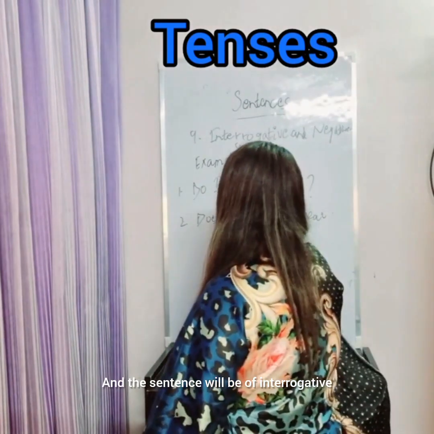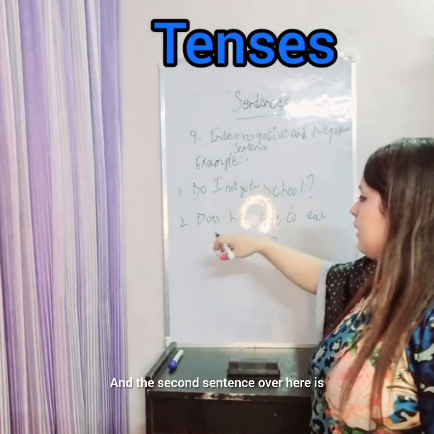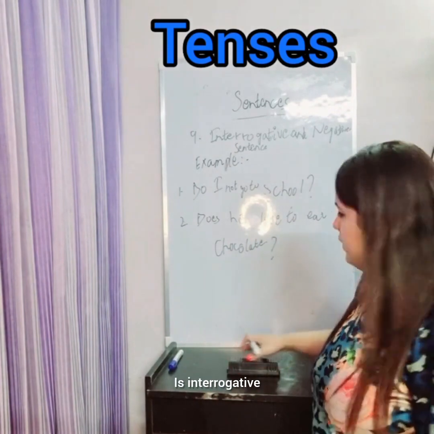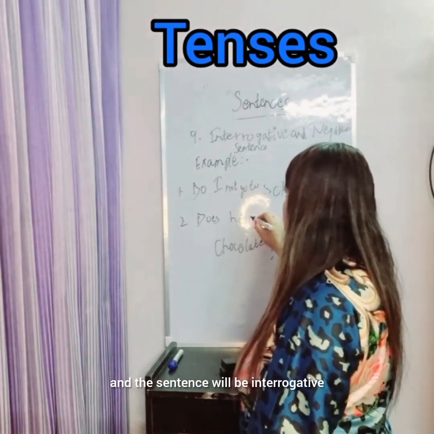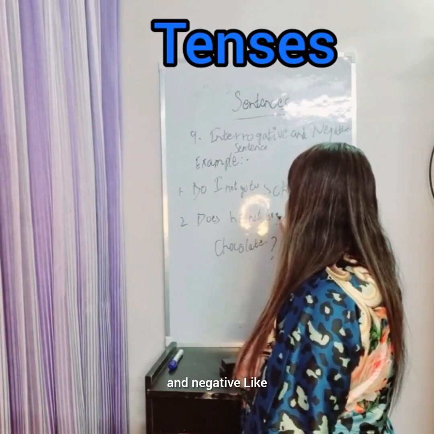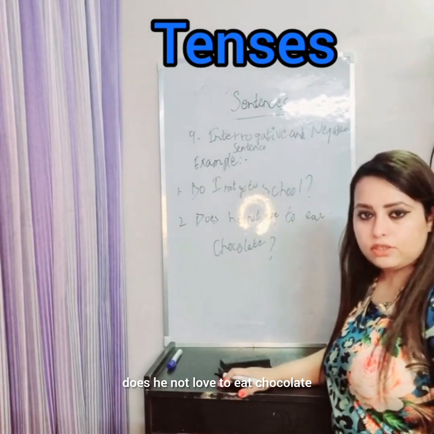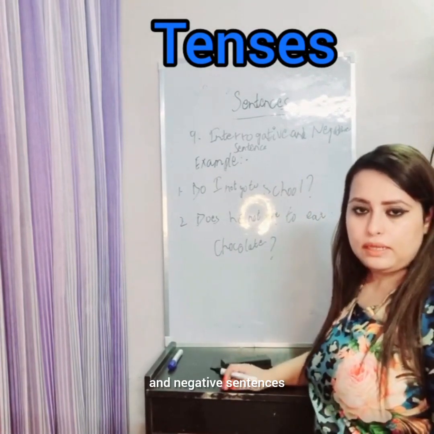And the sentence will be interrogative and negative. And the second sentence, does he love to eat chocolate, is interrogative. Now here I'm just going to add not, and the sentence will be interrogative and negative: does he not love to eat chocolate?